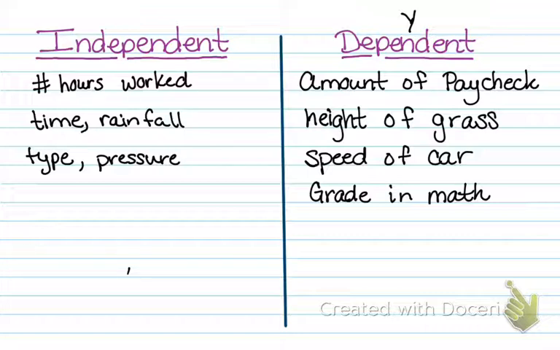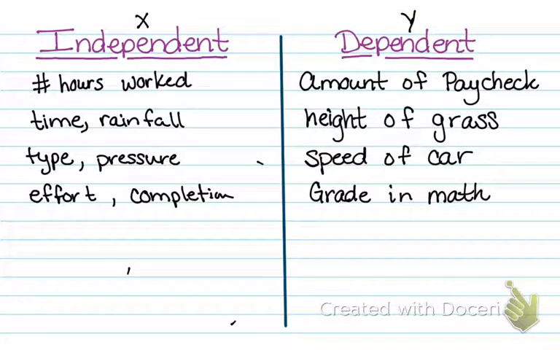Your grade in math might be dependent upon your effort. It might be dependent upon your comfort level or your completion rate, or depending on how your teacher grades participation. Okay?